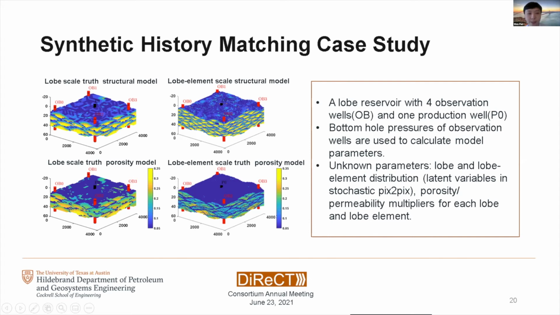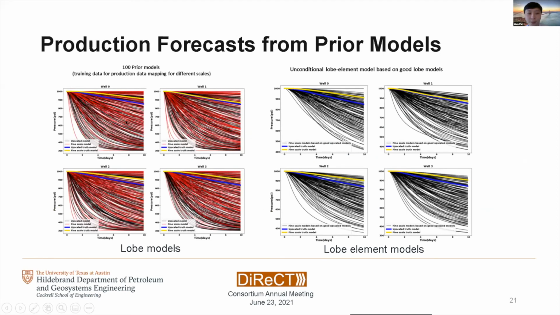So we first do history matching with our Lobe scale model, and after we get a fair match, we use this model as a prior and calculate the Lobe element scale to get a better match of our production data. And this is the uncertain models of our prior model for the Lobe element scale modeling.